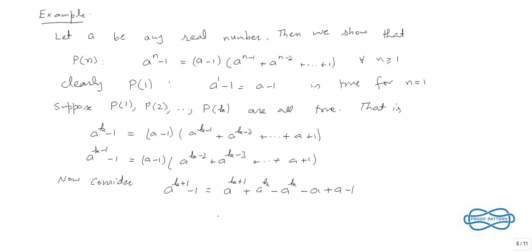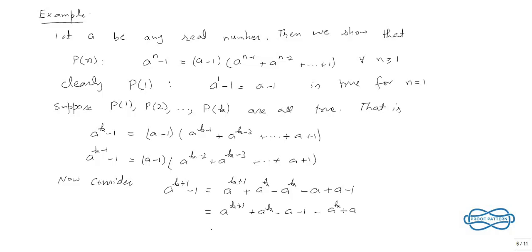So we can easily see that left hand side is equal to right hand side, because we have added and subtracted the same terms, and after rearrangement it will be a^{k+1} plus a^k minus a minus 1 minus a^k plus a.